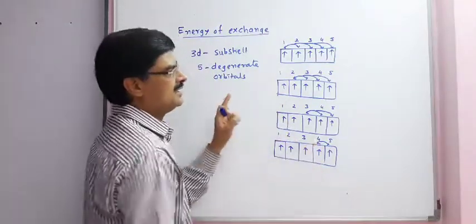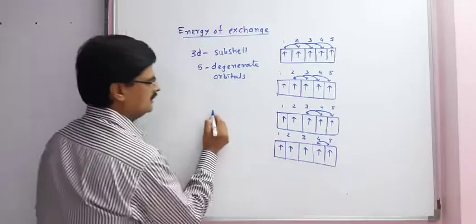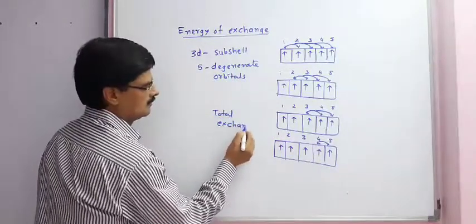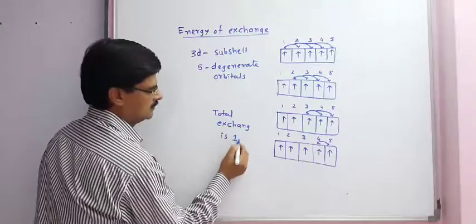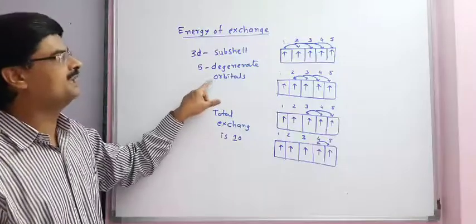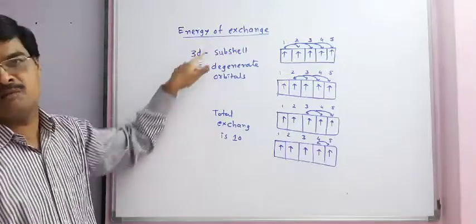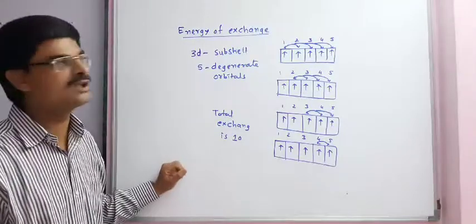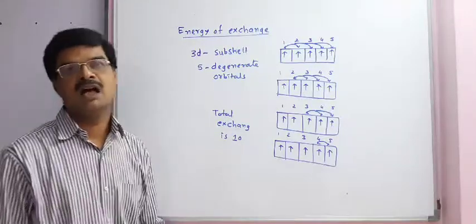Means total 10 exchanges are possible. And as I mentioned, the more the exchanges, the more will be the energy of exchange and the more will be the stability. And that is why we can say that half-filled or completely filled orbitals are always stable.